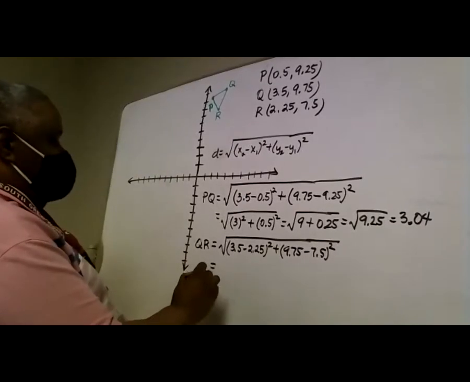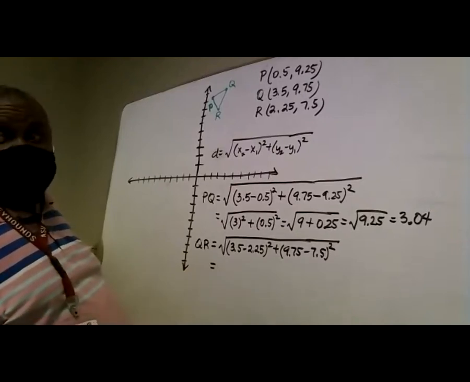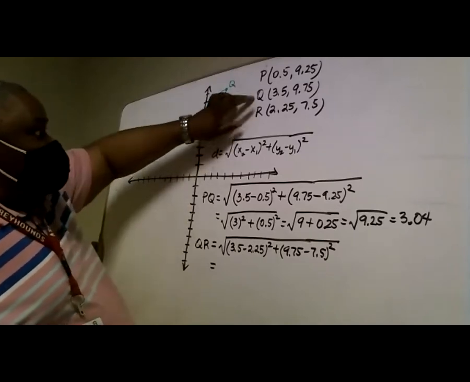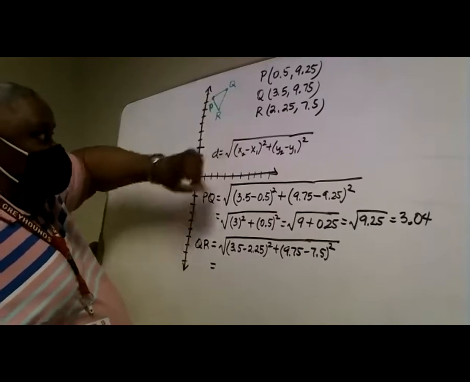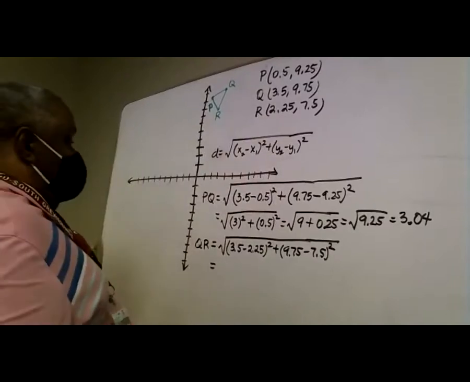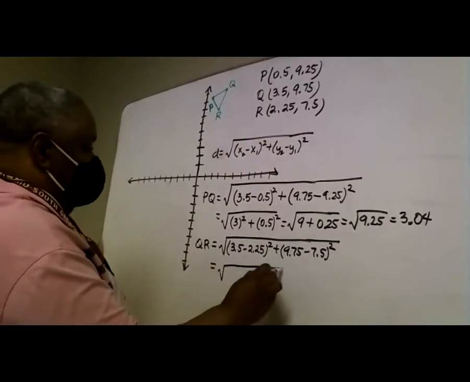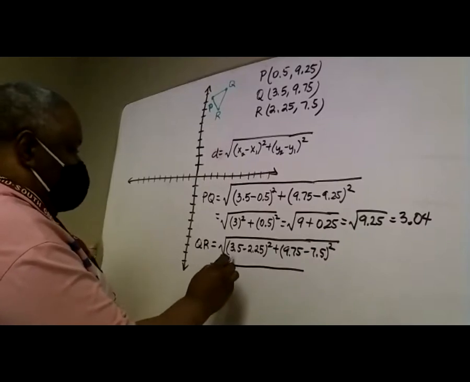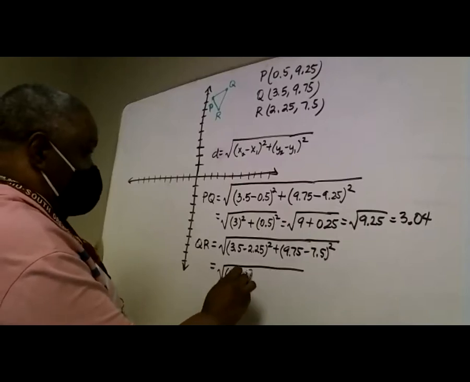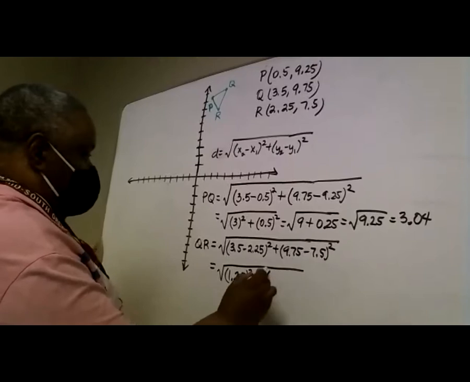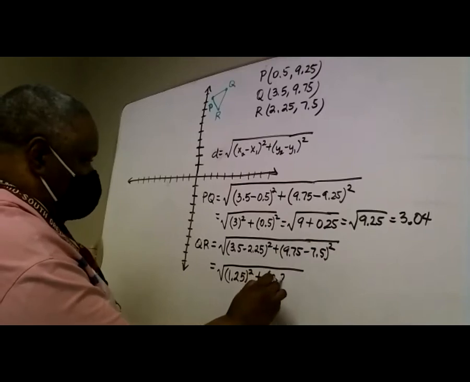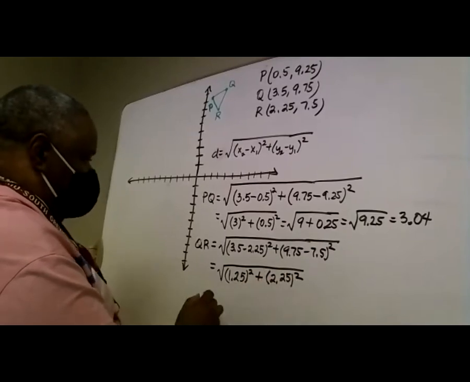Q first and then R. 3.5 minus 2.25 would be 1.25, and that's squared. 9.75 minus 7.5 would be 2.25, and that's squared.